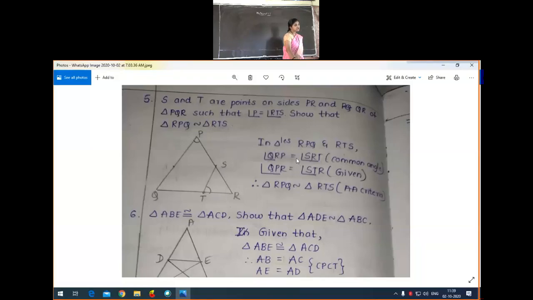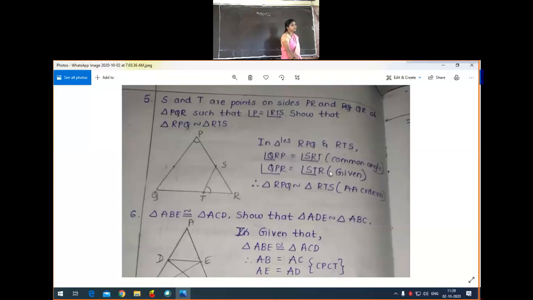So in triangle RPQ and in triangle RTS, one angle is common, that is angle R in the big triangle and angle R in the small triangle. Angle R is common for both the triangles. And one more data is given: angle P, that is angle QPR, is equal to angle RTS.